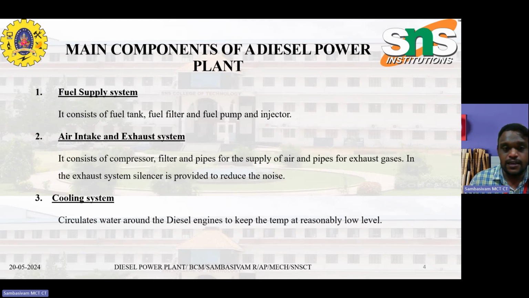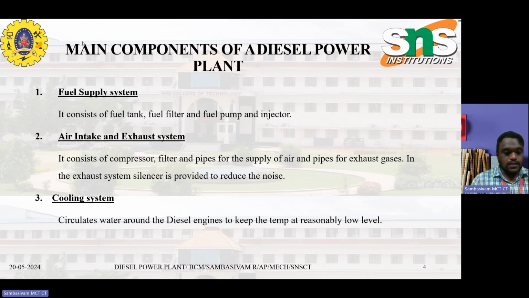As I said, the main components of the diesel power plant are the fuel tank, fuel filter, fuel pump and the injectors. The air intake and exhaust system consists of the compressor, the filter, and pipes for fuel supply or pipes for exhaust gas. In the exhaust system, a silencer is provided to reduce the noise.